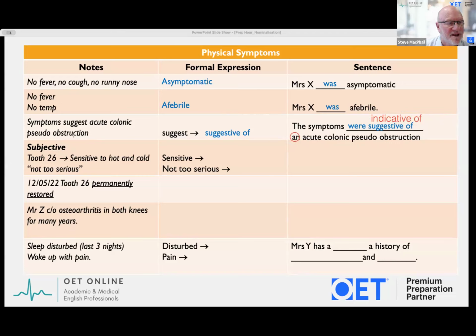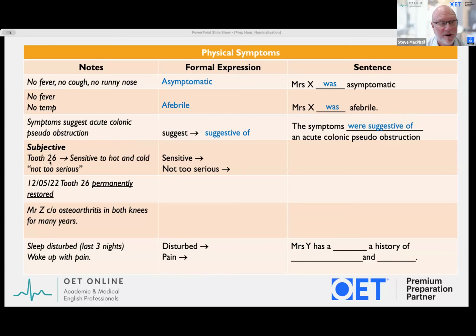Now, of course, in the case notes, the articles are removed, but it's your job to add them where required. All right, so just be aware of that when you're doing it. It's a type of obstruction, an acute colonic pseudo-obstruction, so we need that article.